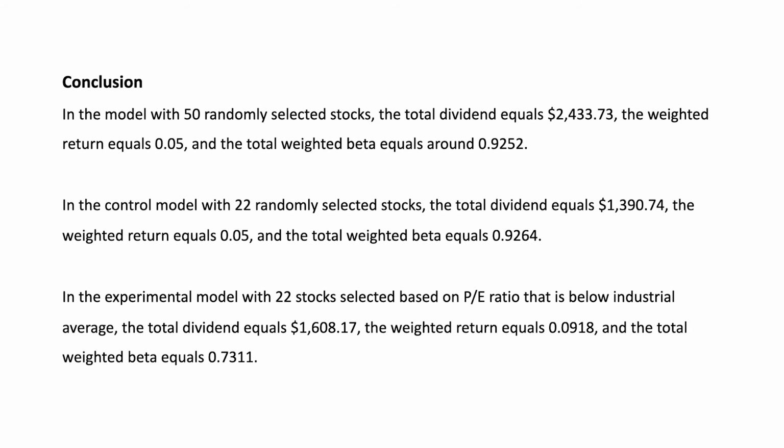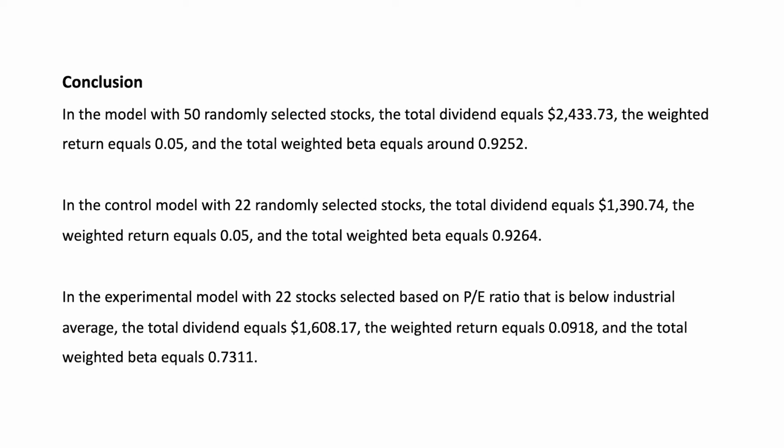So to conclude, in the model with 50 randomly selected stocks, the total dividend equals $2,433. The weighted return equals 0.05, and the total weighted beta equals around 0.93. In the control model with 22 randomly selected stocks, the total dividend equals $1,390.